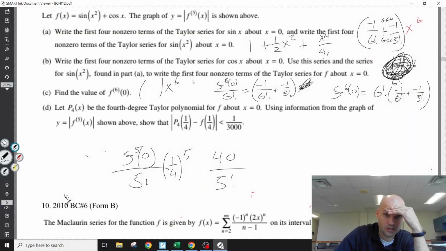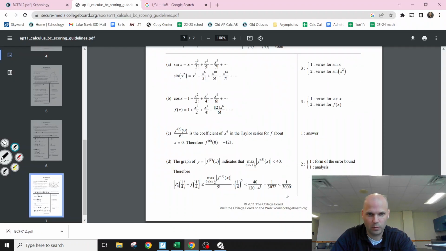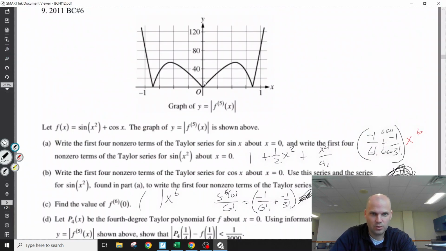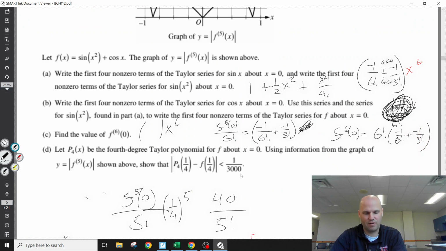If you don't get Lagrange error bound, it's not bad. It was 40. They wanted you to do the max of the fifth derivative between 0 and a fourth. Between 0 and a fourth, it's got to be underneath 40. But it's like they didn't even give you a value to look at. This is the next term.